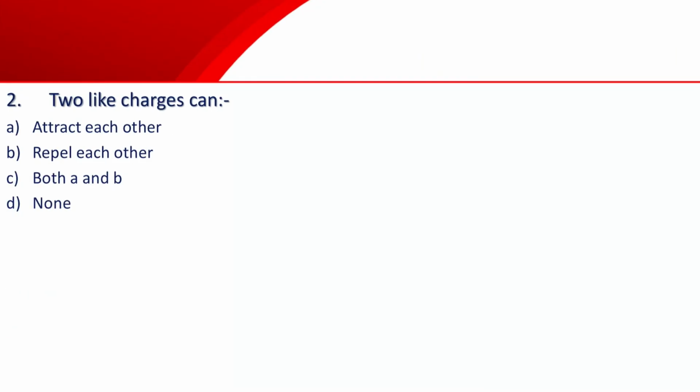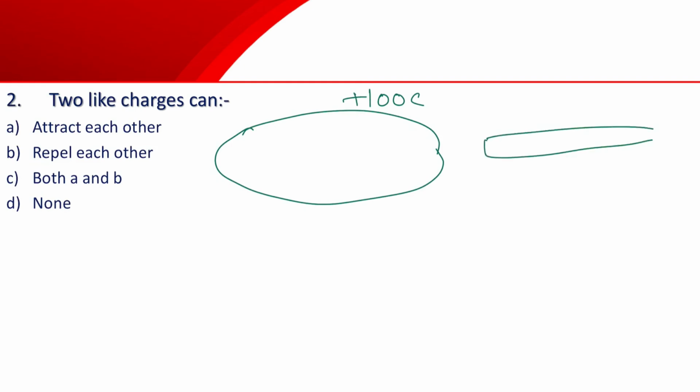Okay, now come to the next question. Like charges repel each other, but if you take a special situation, this is an object of big amount of charge, let it be plus 100 Coulomb, and there is a very small amount of charge compared to this, let it be plus 2 Coulomb.